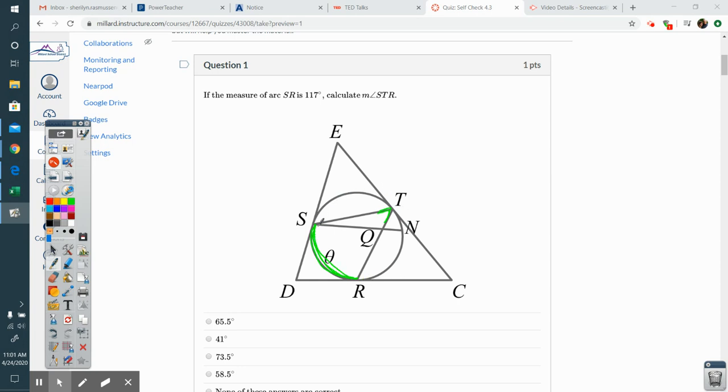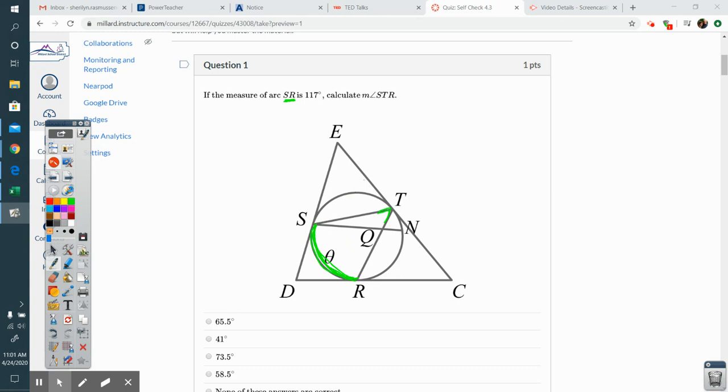So when it says a measure of an arc, it's just a measure of a section. From here to here, this is 117 degrees of the total 360. If we asked for the measure of the circle, it would be 360 degrees. But if it's just the measure of an arc, it's just a section from the points that it gave you. So from S to R, it's 117 degrees.